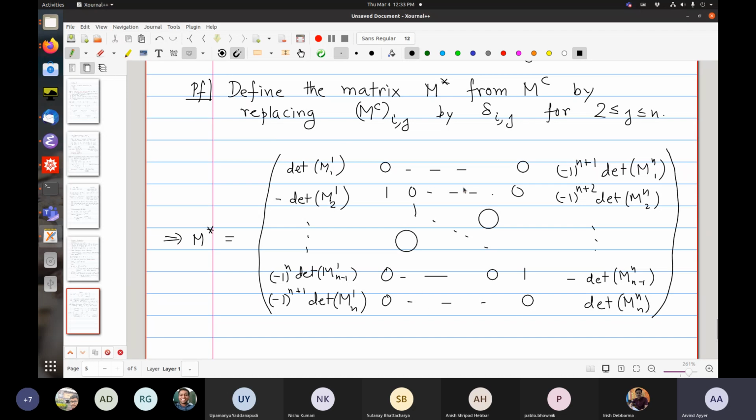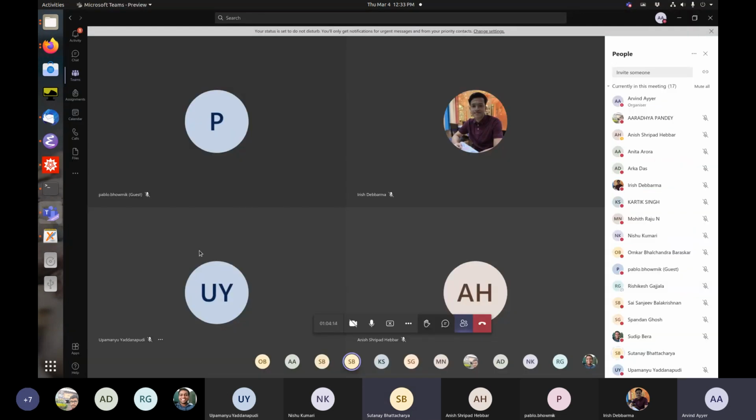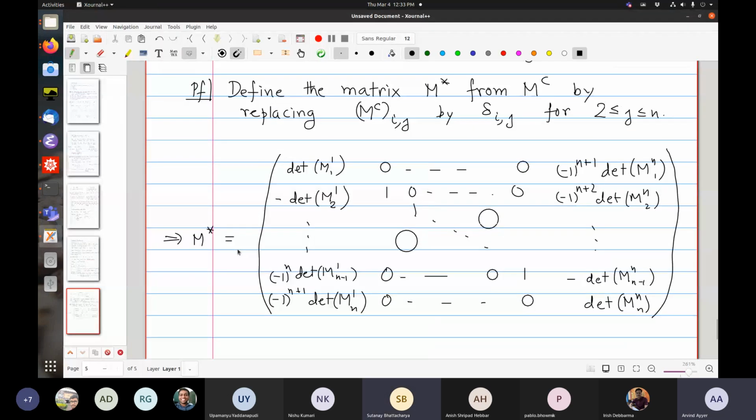Is it clear? So there's an identity block sitting over here and zeros over there, otherwise it's the same. Sir, yes? Should j be strictly less than n in the definition? No, j up to n minus 1. Yes, thank you.